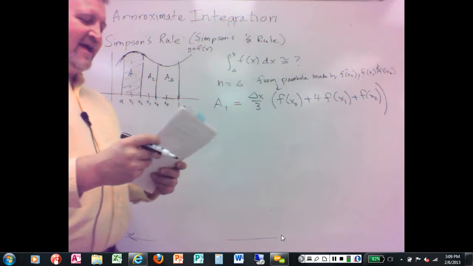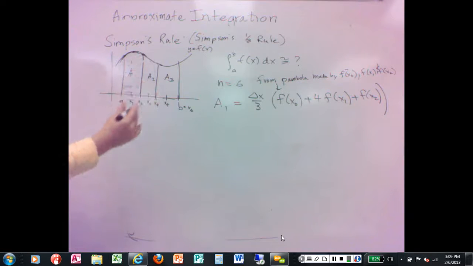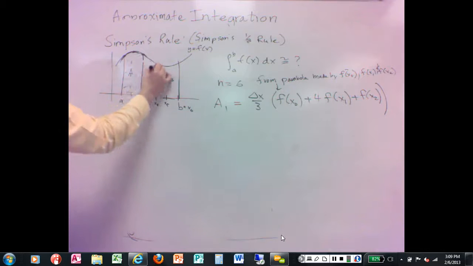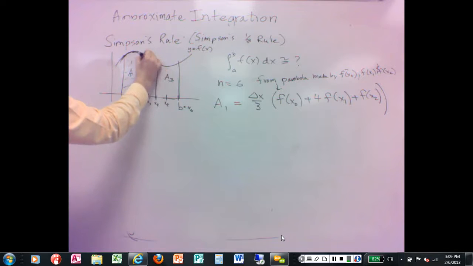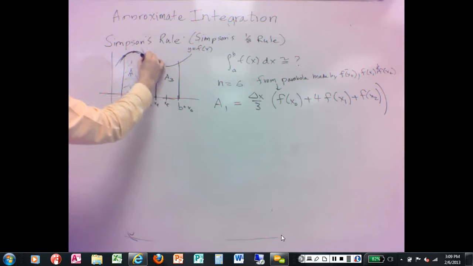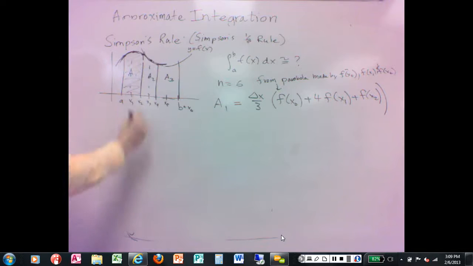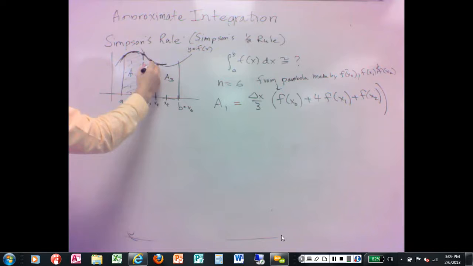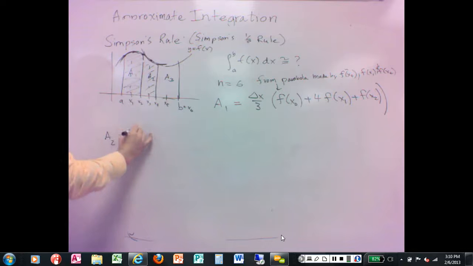All right, now, similarly, I can do the same thing right here in the middle. I've got 3 points for A2 here. That's going to determine this kind of thing for a parabola. And so A sub 2, which is the area under that parabola, comes out to be delta x over 3. Guess what?